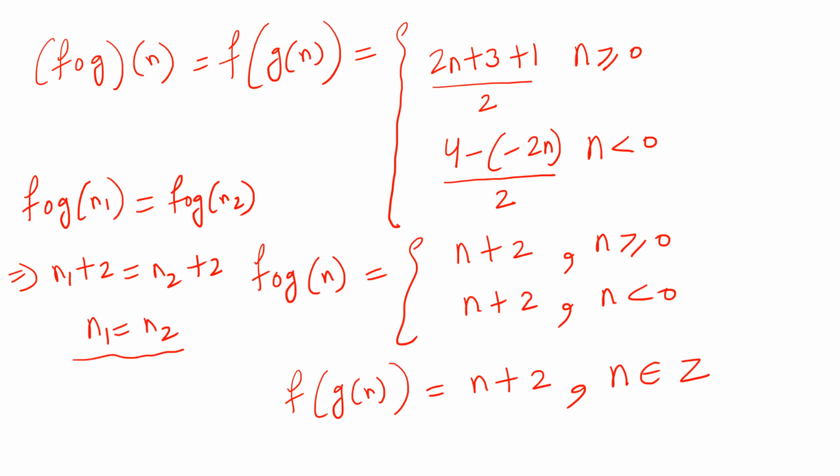So this means there are no two different values of n for which the function f of g will become the same. Hence, the function f of g is one-one. Now students, clearly option B is incorrect. But still you can check the onto nature of the function f of g. Now we move further.